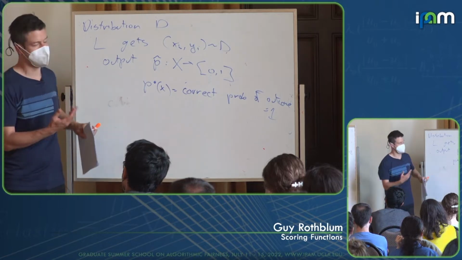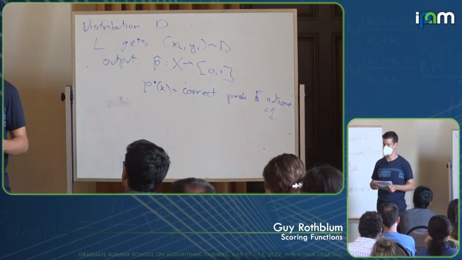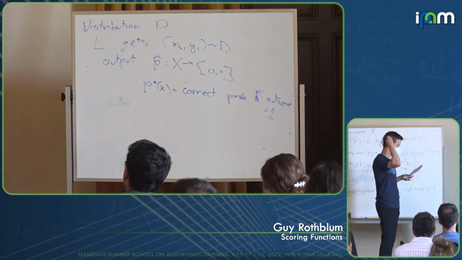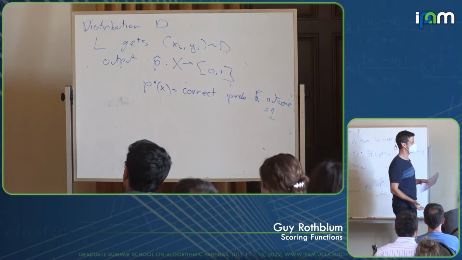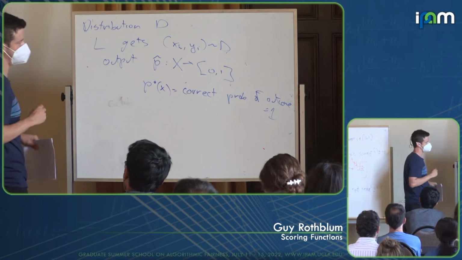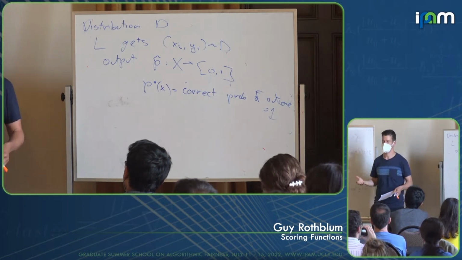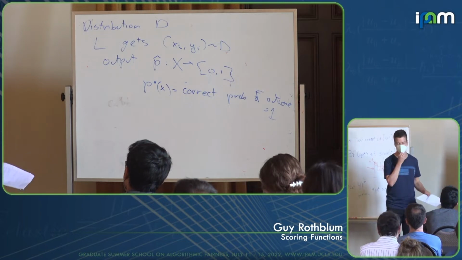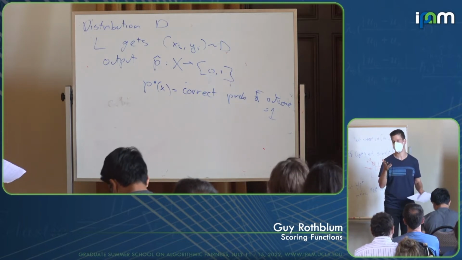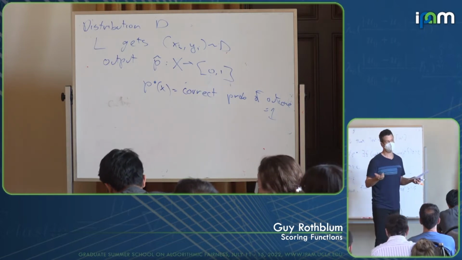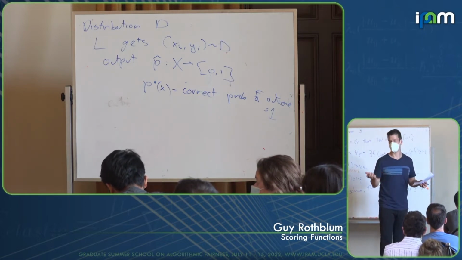So we can define a loss function like the squared loss or the logistic loss or the L1 loss, whatever loss function is your favorite. We can try to minimize the loss of our predictor. We can compare it, as we do in the agnostic learning setting, to some benchmark class and try to beat the benchmark class. But still, at the end of the day, the question is, what is a good loss?